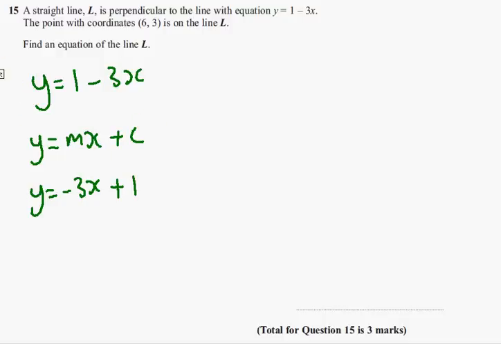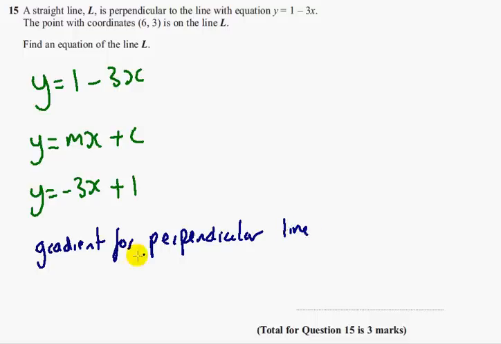So the gradient for a perpendicular line is going to have a gradient of minus 1 over m.